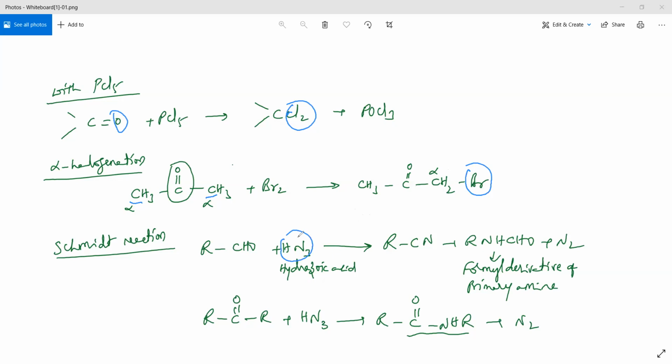Hydrazoic acid. Hydrazoic acid gives alkyl cyanide with aldehydes. Ketones give RCONHR group.